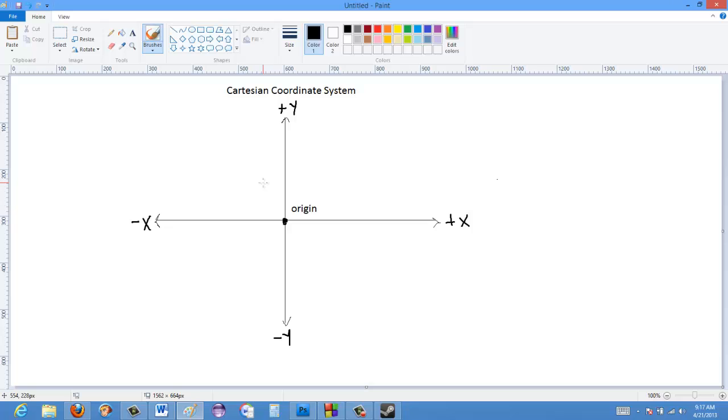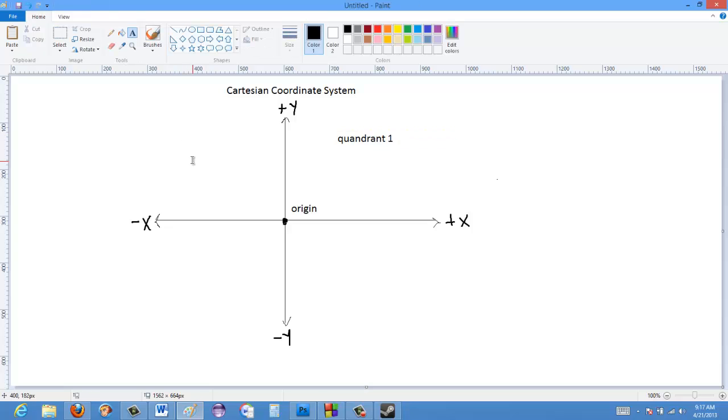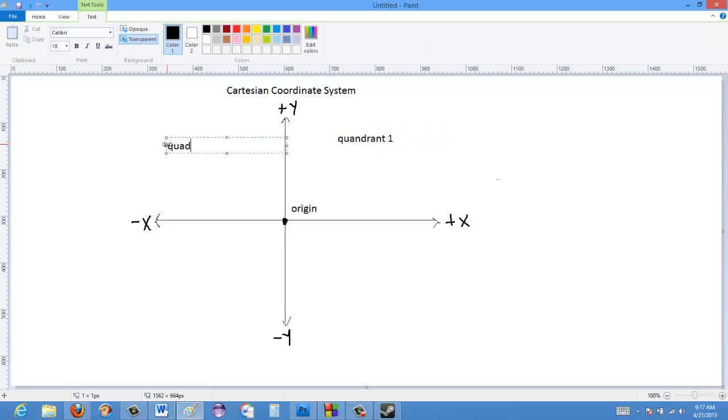Now, what we do then is we have divided these places into what's called a quadrant. We order the quadrants in counterclockwise order, starting from this one here. This one here is quadrant 1. This one here is quadrant 2.